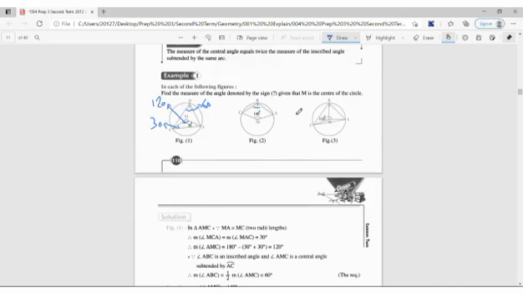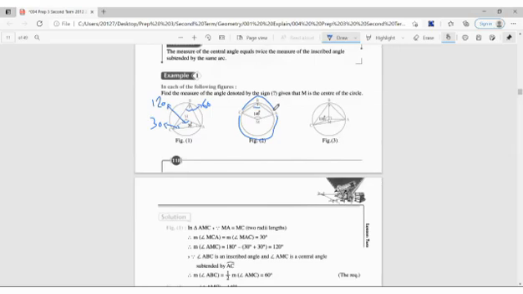They must be subtended by the same arc. Is angle ABC subtended by the arc AC, the major arc, the greatest arc? And is AMC subtended by the same arc? No, it's subtended by the arc AC, but the opposite arc AC.